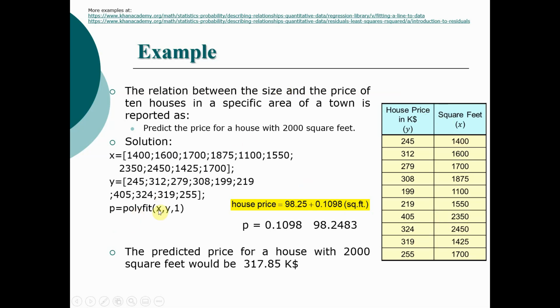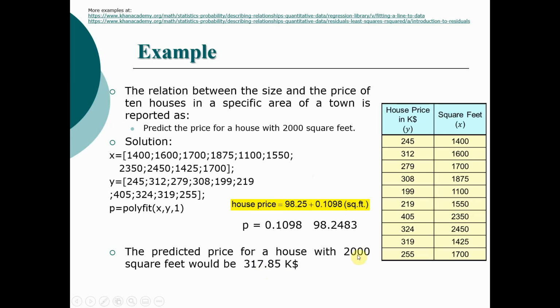The polyfit would give us the least square fitting. Then once we have the function that would fit this data, we can just put any x in this line expression and find the y, for example for x equal to 1200.